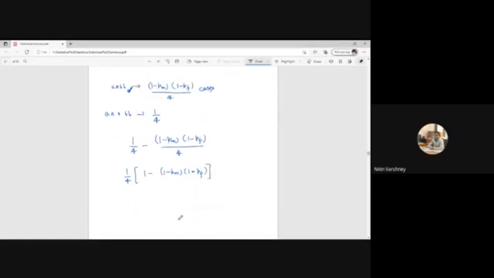So this will be the probability of which type of gametes? Ab and aB type. Means if we consider coupling phase, then these will be our recombinant types.